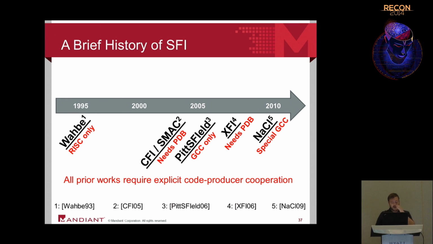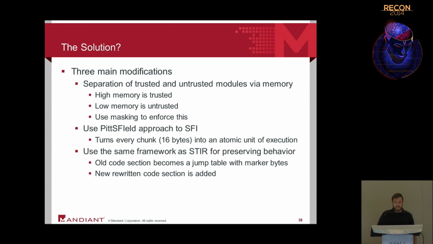So the Microsoft work all requires a PDB. Pittsfield and NaCl, which is Google's work, both require a special version of GCC, so you need source code. So all of these are requiring code producer cooperation, which we don't want to do. We want to be able to support legacy binaries.